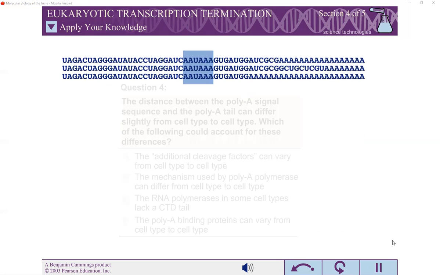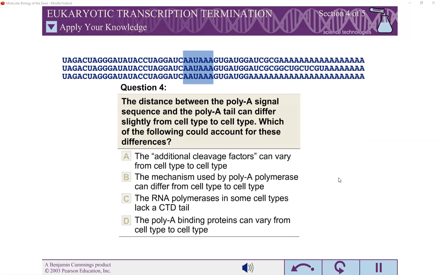The distance between the poly A signal sequence and the poly A tail can differ slightly from cell type to cell type. Which of the following could account for these differences? Here is the poly A signal sequence, and this is the site where polyadenylation is taking place.